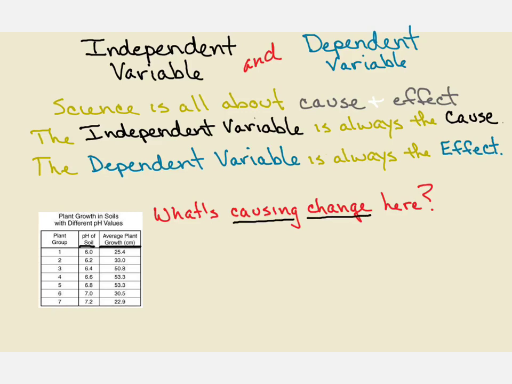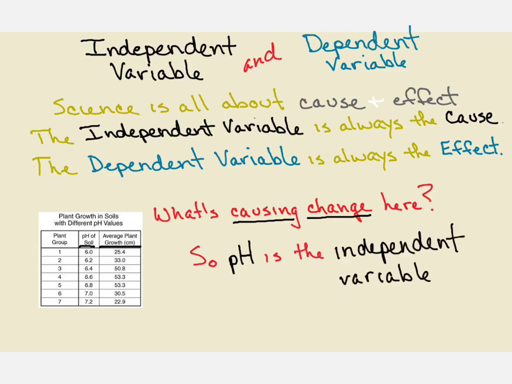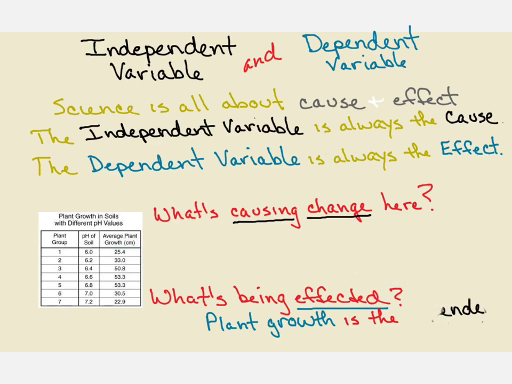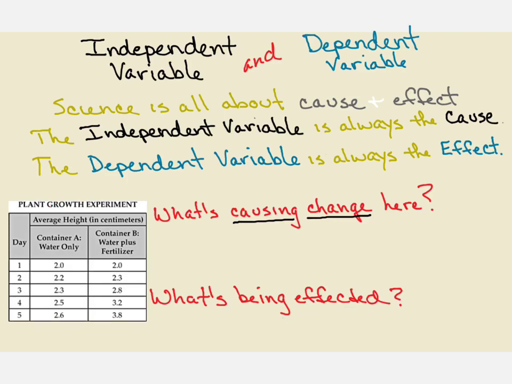I hope you said pH is the cause of change here, or we think it's going to. Now, what's affected by this pH value? The plant growth. So pH is the independent variable, and what's being affected? The plant growth. So the plant growth is the dependent variable. It's all about cause and effect. Cause and effect. All right.